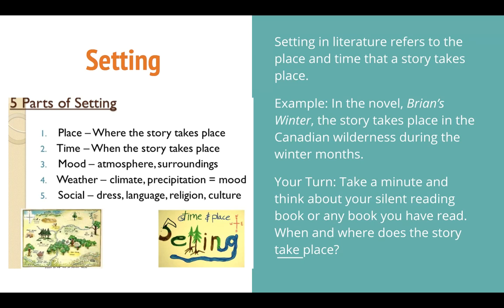We can also focus on the social aspects of the setting. Maybe the way the characters dress, their language, their religion, their culture. All of those things put together help us identify in our minds an image of where the story is taking place, when it's taking place, what kind of mood we have, what kind of people are involved.